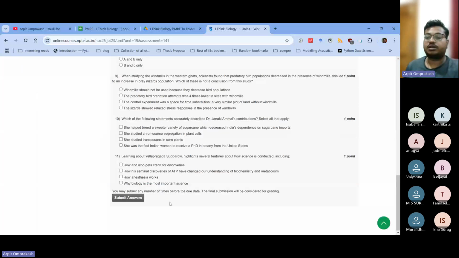You don't need to write anything or send a scanned copy to anyone. Is that clear? So click on this submit answers button after you're done with all the questions.